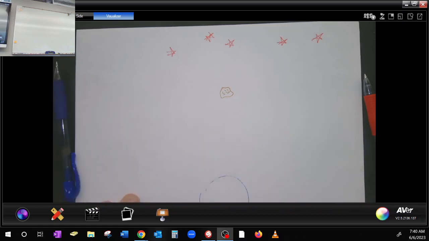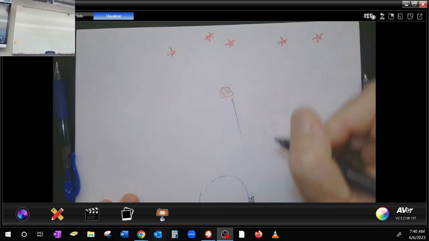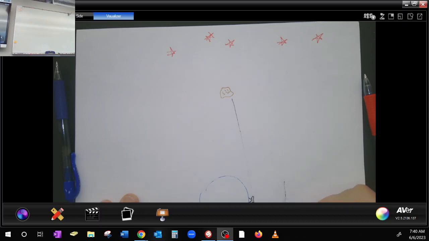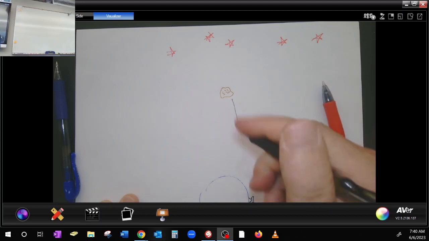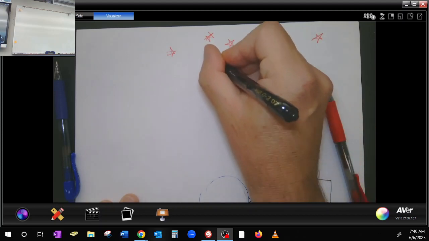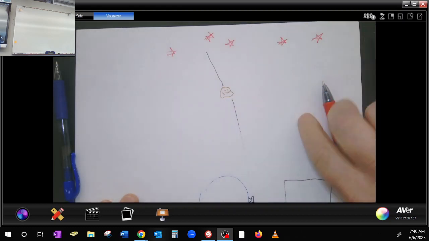on this side of the Earth, if we had a telescope maybe here in North America, and we were looking through that telescope at this object, and we took a picture of it, what we would see is this object in the field of view of these stars.